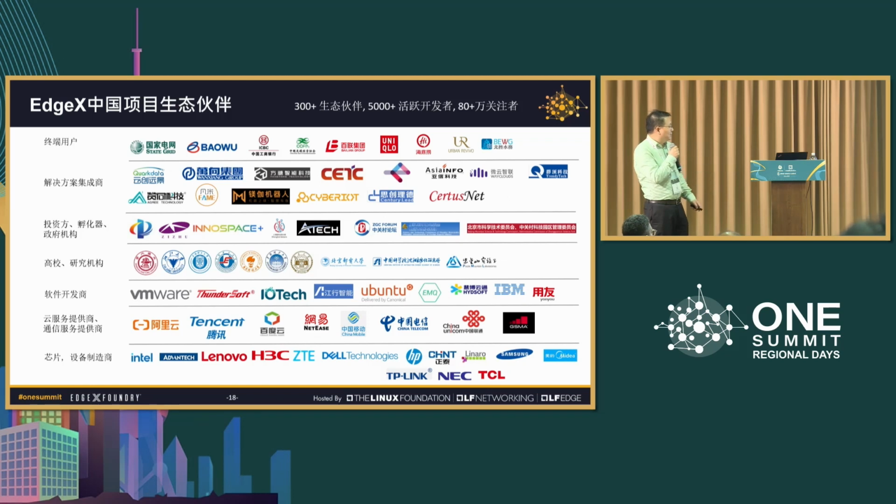You see, the China community is very large, with 300 plus ecosystem partners, from silicon and equipment manufacturers to CSPs and COSPs like China Telecom, China Mobile, and China Unicom, as well as SIs, ISVs, universities and research institutions, investment funds, incubation centers, government bodies, solution builders, and end users in different vertical segments.